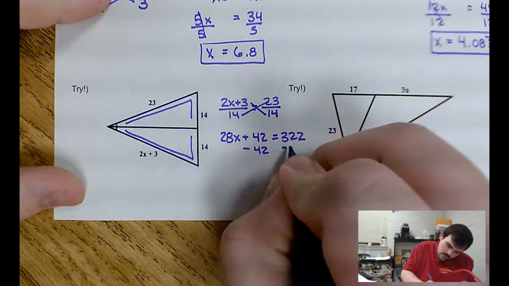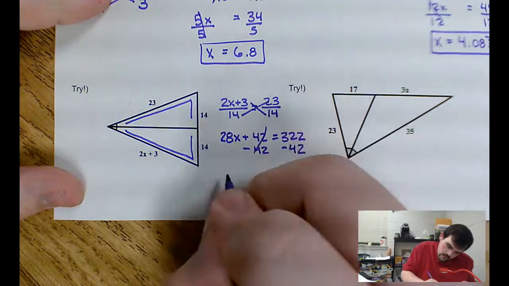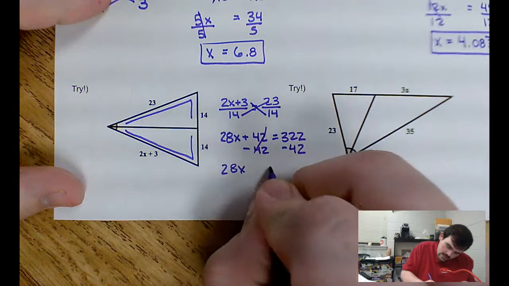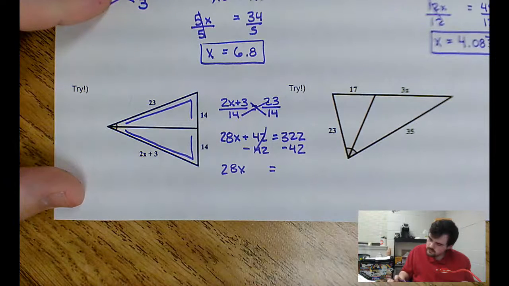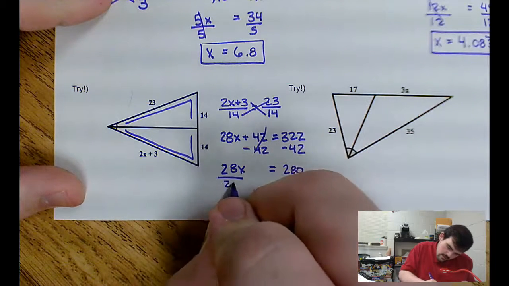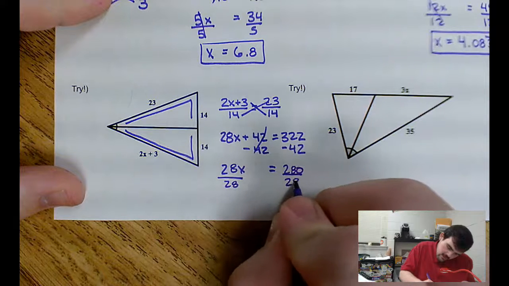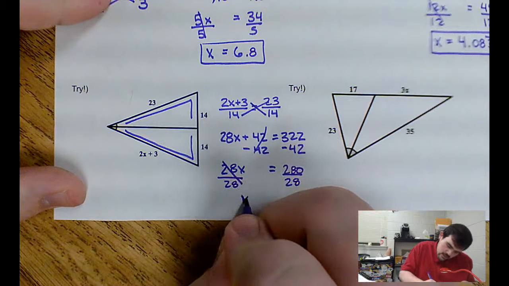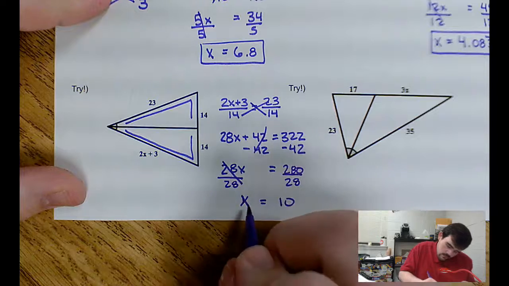Subtract 42 from both sides to get 28x equals 280. And then divide by 28, and 280 divided by 28 is just x equals 10.